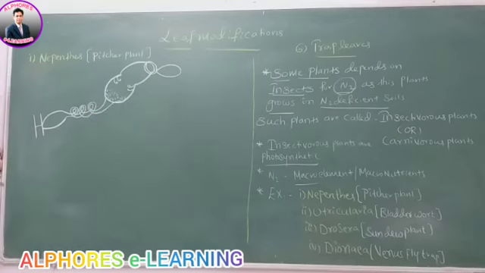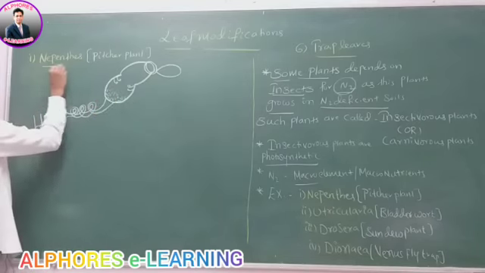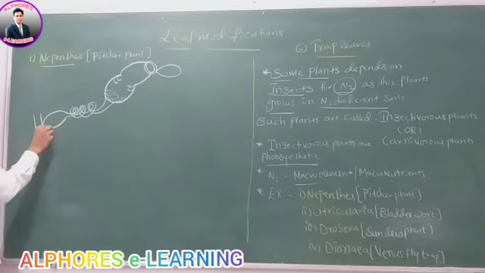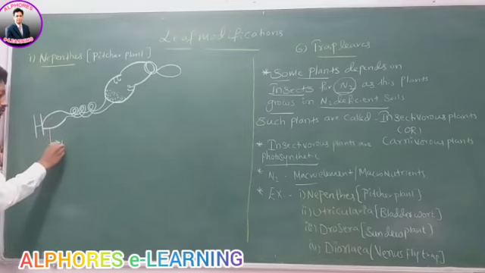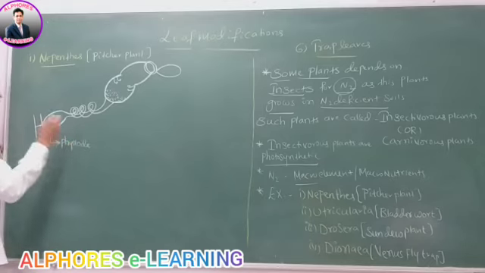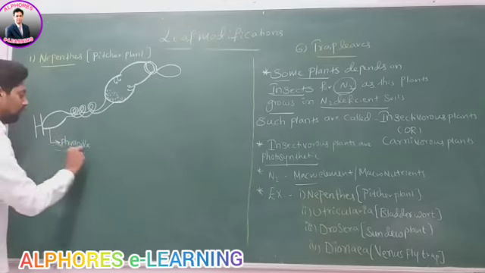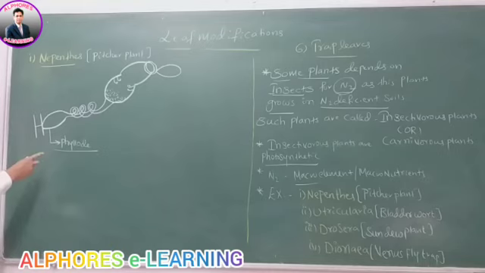Now, listen here. In case of Nepenthes plant, the lower part of the petiole is modified into phyllodes. Phyllodes is nothing but the modified lower part of the petiole.